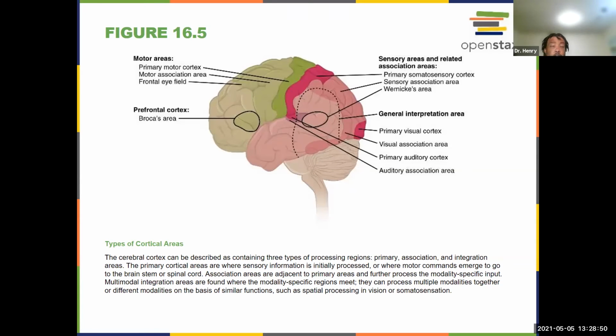It's not like he didn't have long-term memory at all, because he remembered stuff that happened before they removed the portion of his brain, right? So he was still able to remember those past events. That suggested that some of the short-term memories that we keep, we transfer from short term to long term.